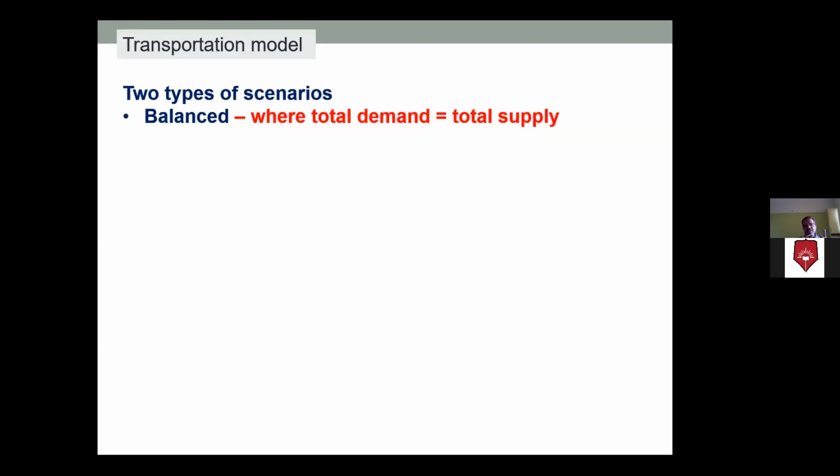The first is, are you talking about cost? If you're talking about cost, minimize it. If you're talking about profit, maximize it. That's variation number 1. What is the second variation? Are there any prohibited routes? If there is a prohibited route and you're talking about cost, you have to put a very high cost in the route which is prohibited.